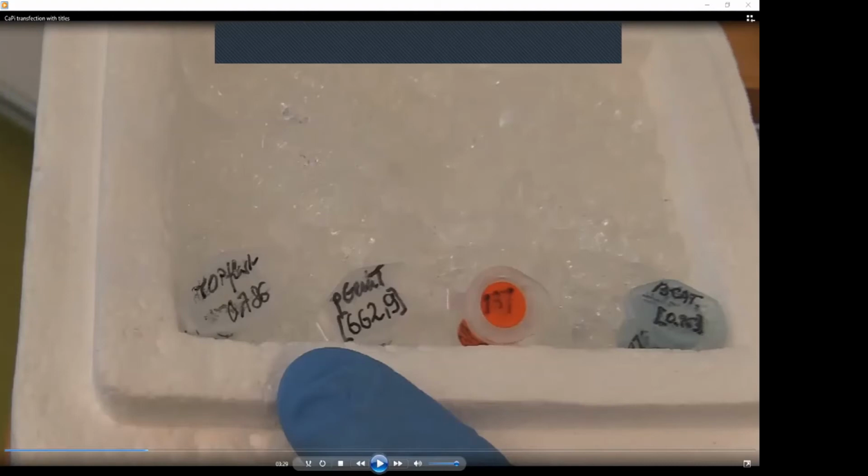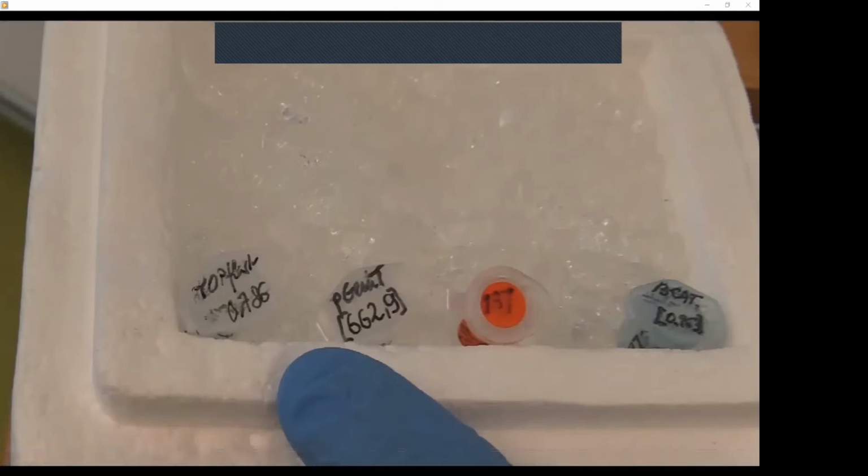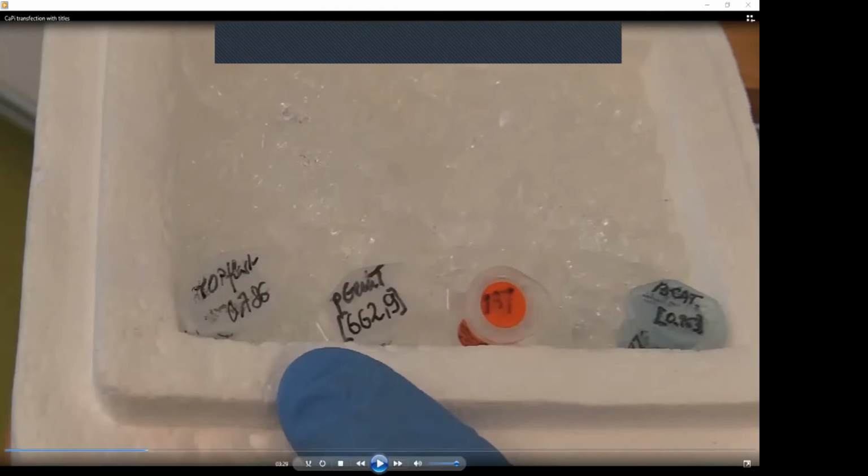Then we have one DNA which is called pGEMT. This is an empty plasmid DNA vector, and we use this for all control samples where we don't do overexpression of our particular DNA. In this case, we complement the amount of DNA, so the micrograms of DNA, which we use for the transfection with T7.